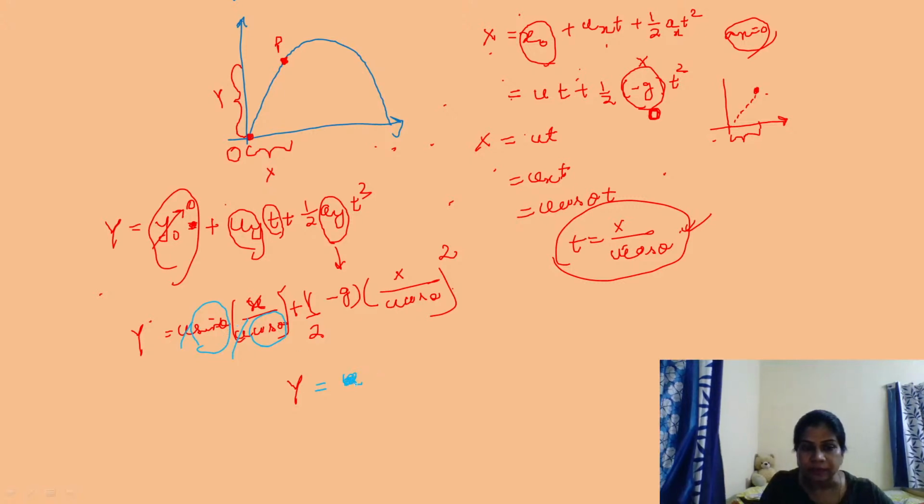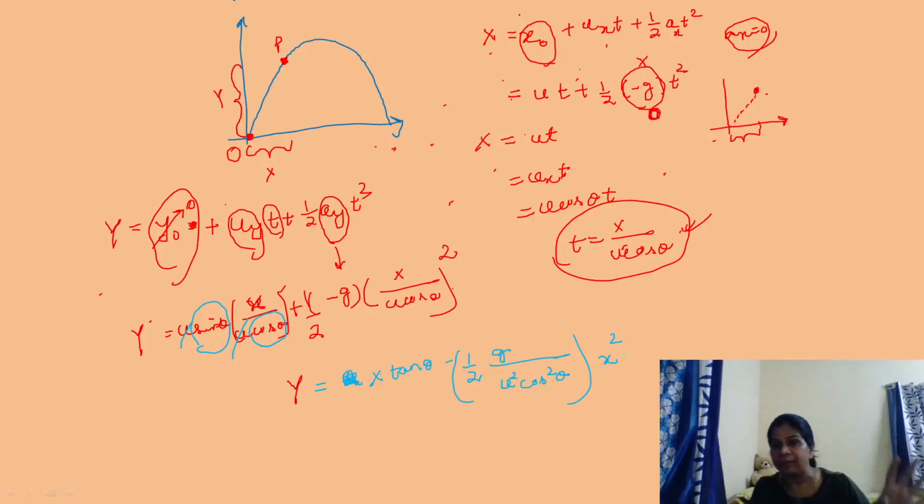So this will be, I'm not using eraser because it will take a lot of time. So x tan theta minus 1 by 2 g divided by u square cos square theta, इसको ब्रैकेट में ले लो, ये हो जाएगा x का स्क्वायर. Till now we have completed.